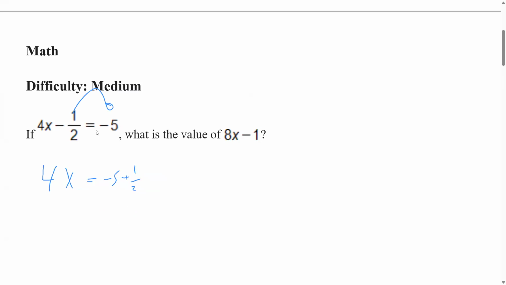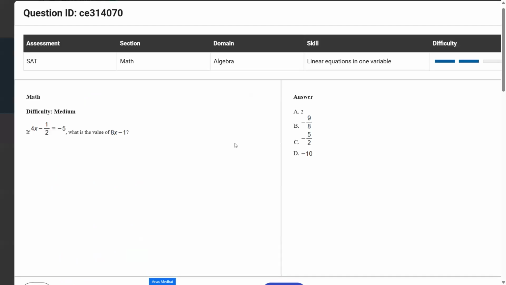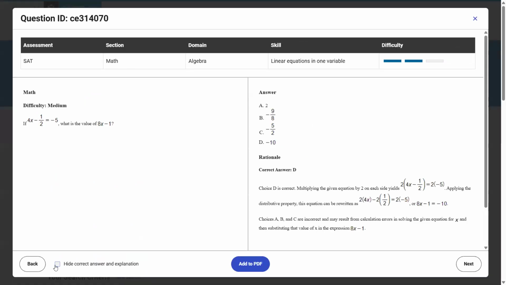Minus 9 over 2 is equal to 4x. Multiply both sides by 2, so 8x is minus 9, and then subtract 1 from both sides, so 8x minus 1 is equal to minus 10. The answer is D, minus 10.